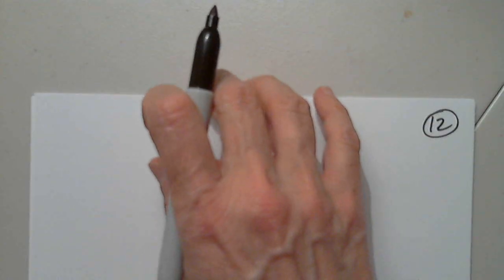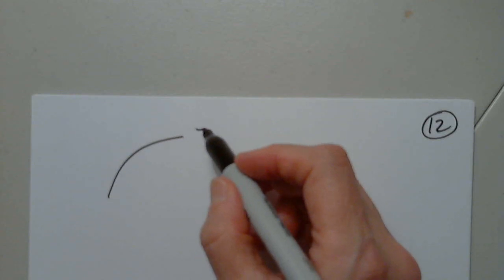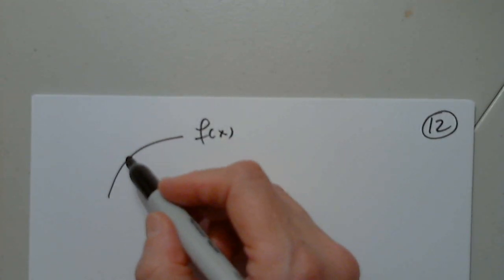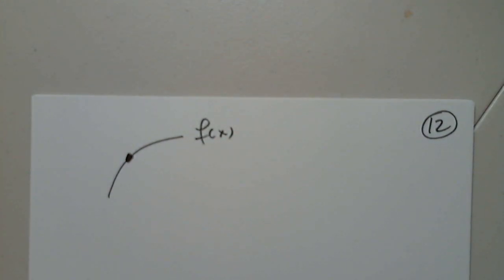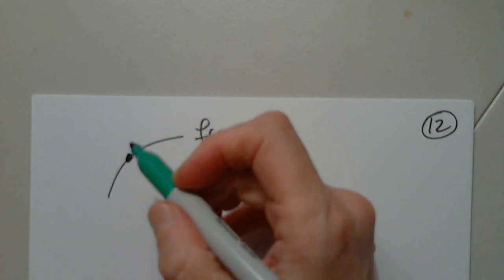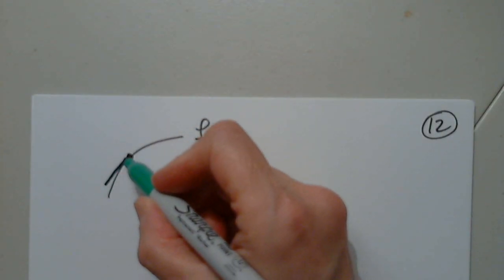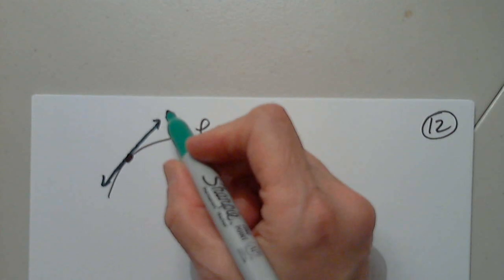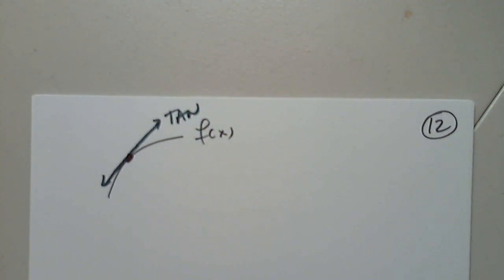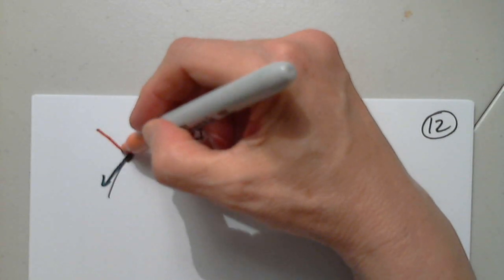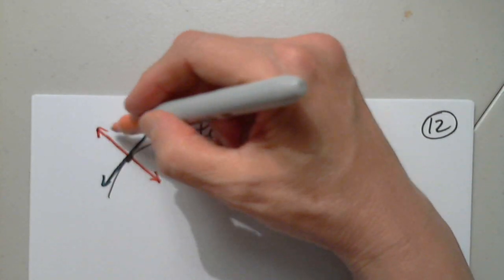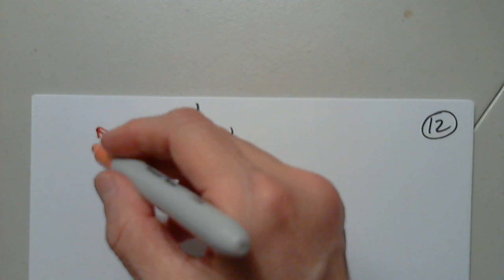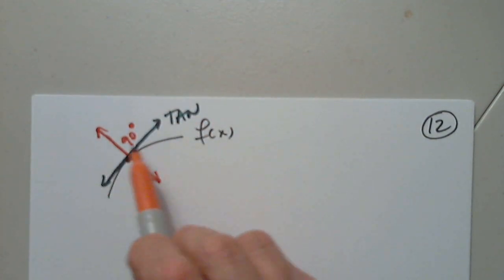Okay, so if this is a function, at this point there are two important lines. One is the tangent at that point, and the other one is the normal line, which is perpendicular, 90-degree angles all around.